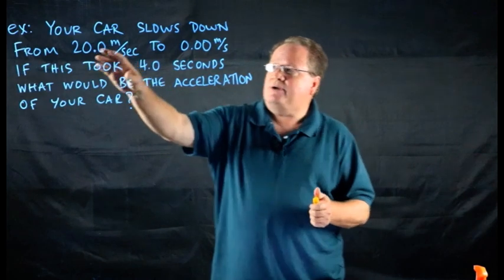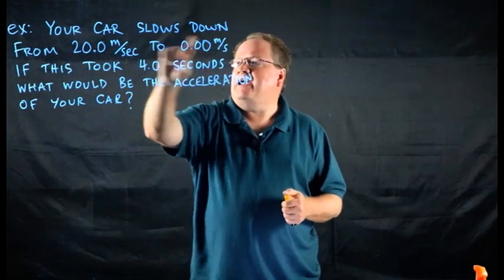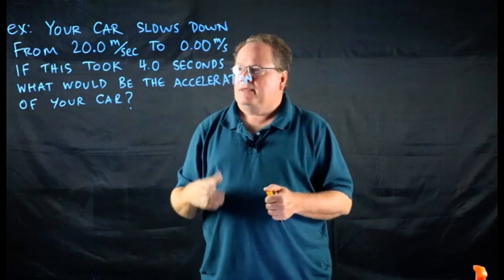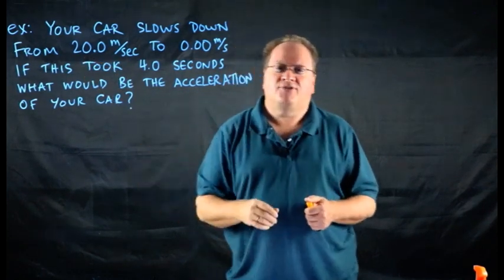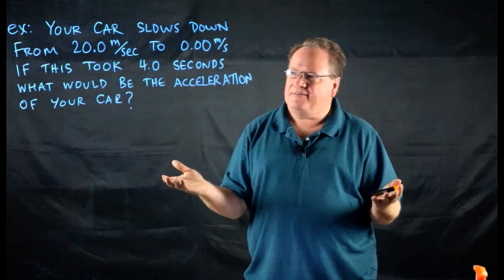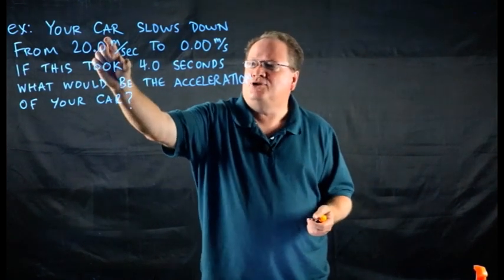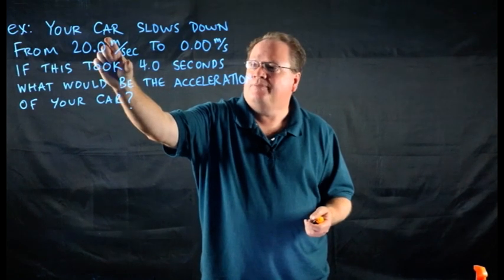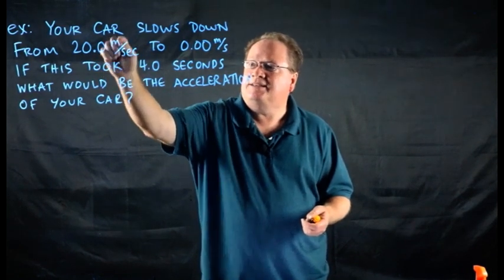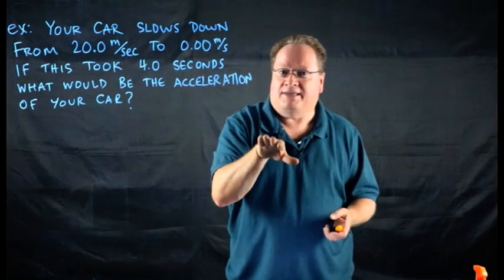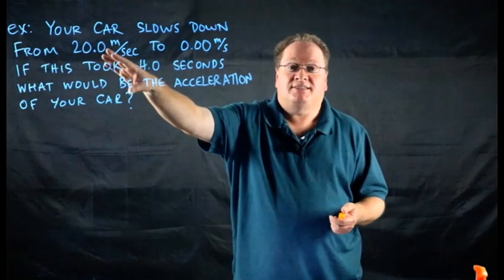So as I reread, your car slows down from 20 meters per second to 0 meters per second. So what is 20 meters per second? Usually you run into a number and you figure this has got to be something. Well, clearly, and these units are your friends, don't ignore them. Meters per second, distance over time, this is always going to be a velocity.